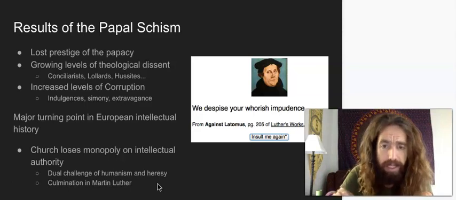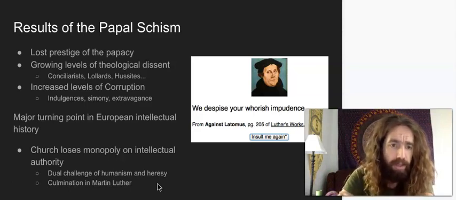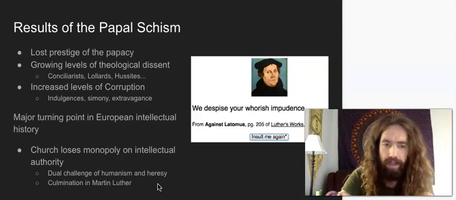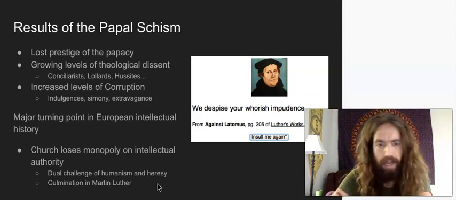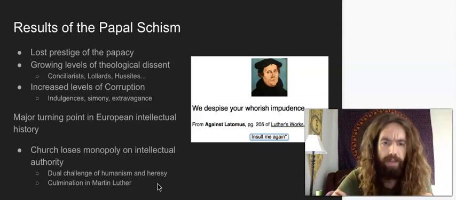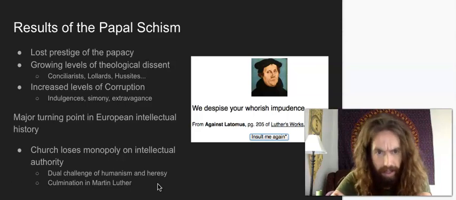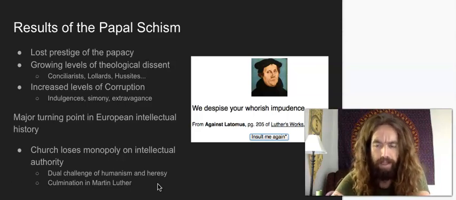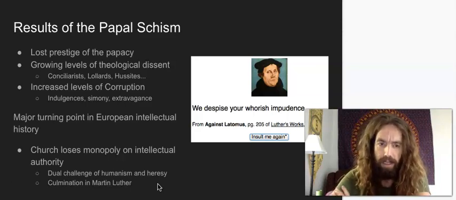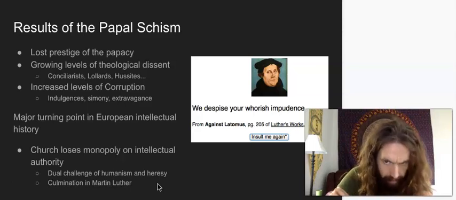There's also increased practices of corruption within the church, the increased use of indulgences to raise money, the selling of church offices, something known as simony, and just general extravagance, spending a lot of the church money on like fancy slippers and stuff like that.